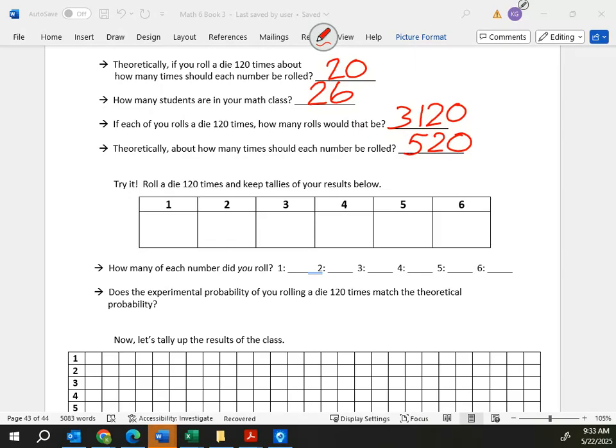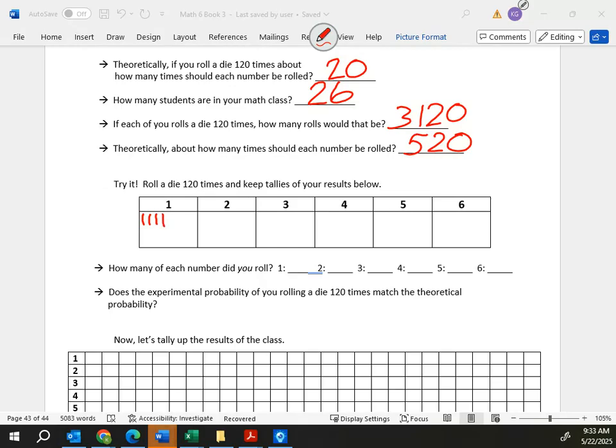So now, it was easy when we were just flipping 10 times, right? That was easy to count our tally marks. Now we're rolling 120 times. It's going to take longer, okay? You're really going to have to count it out.